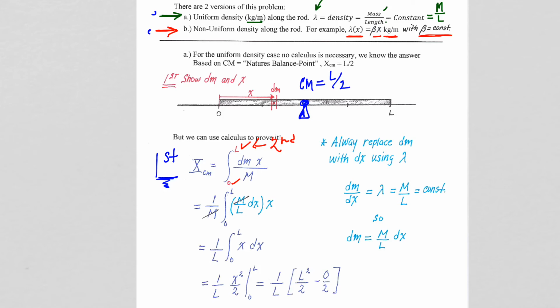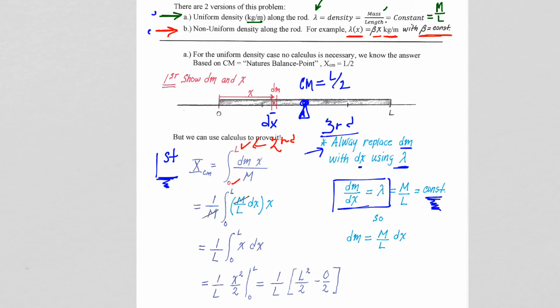Then the third thing you want to do, and you will always be doing this, is replace the dm with a dx using lambda. Remember we said on the last page, dx is the differential spatial extent of dm. dm divided by dx will always equal lambda, regardless of whether it's constant or not.